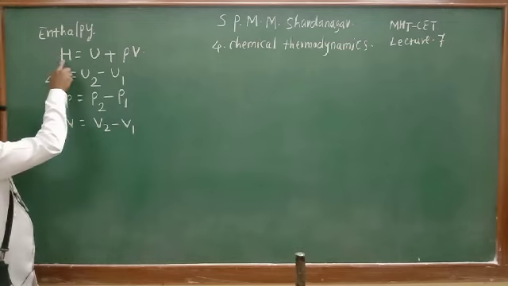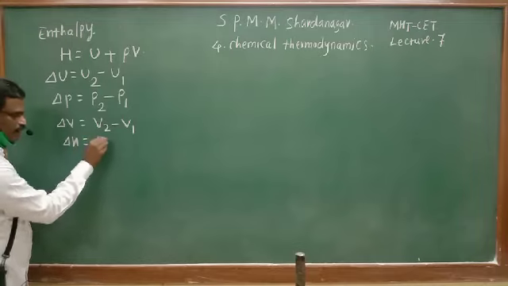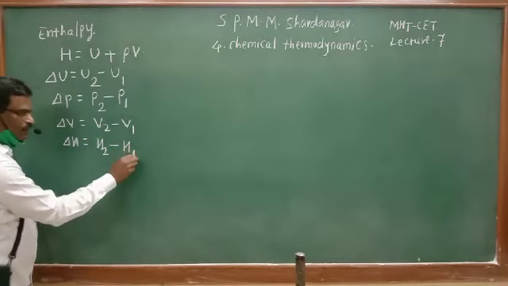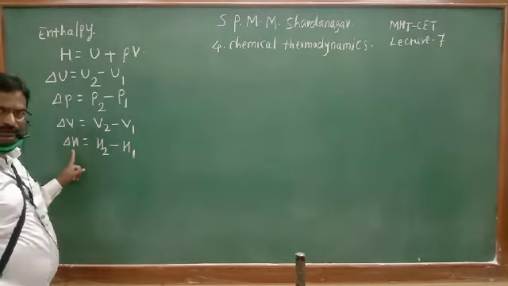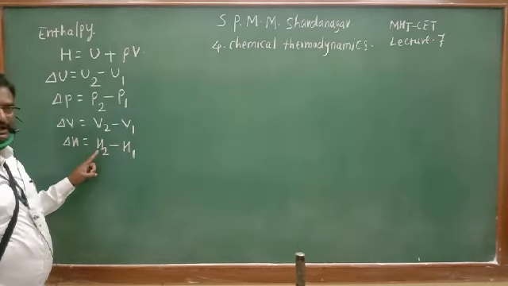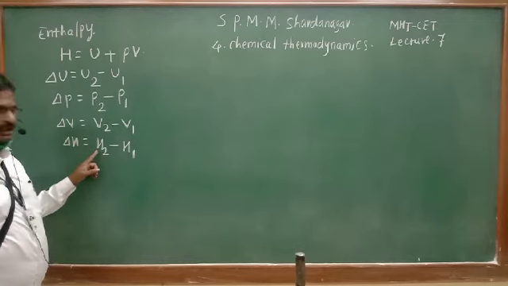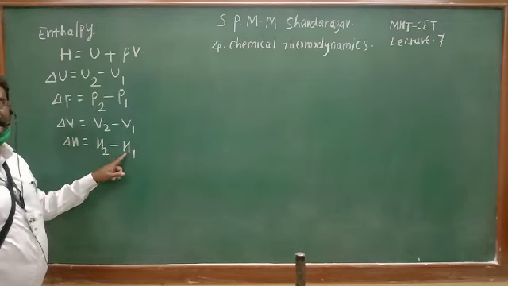Similarly, enthalpy H is also a state function, and that is calculated using this type of equation. Delta H is equal to H2 minus H1, where H2 is enthalpy in the final state of the system and H1 is enthalpy in the initial state of the system.